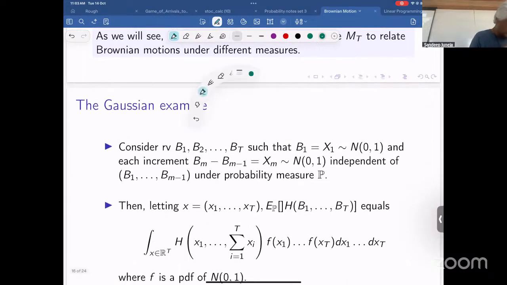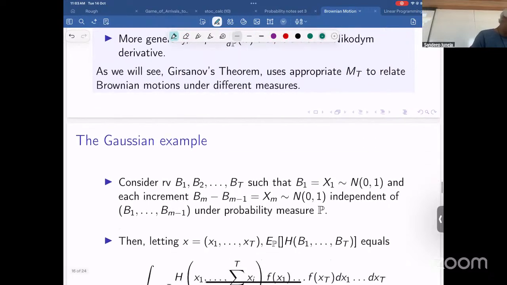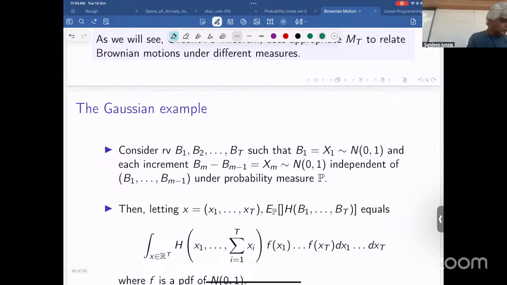Let's do this all in the Gaussian setting. I have a typo here. So consider random variables b1, b2, all the way up to b of t, where b1 is normal 0, 1, x1. bm minus bm minus 1 is xm, and that's also normal 0, 1.